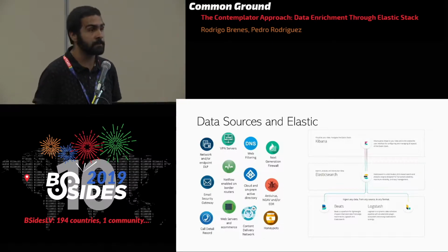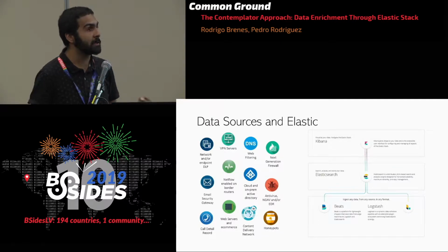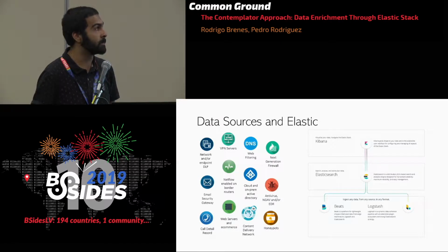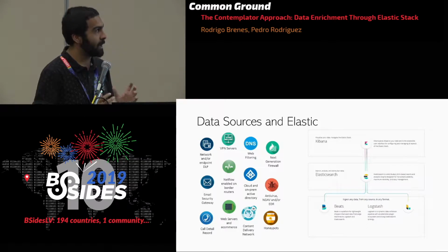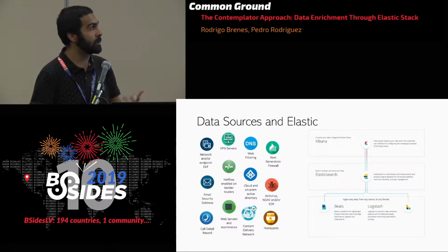Kibana is the front end where you can manipulate or generate analytics from the information you have in Elasticsearch. So Elasticsearch is what is central through the whole stack, but with the addition of Kibana, that is pretty much what you're going to use for analytics later.